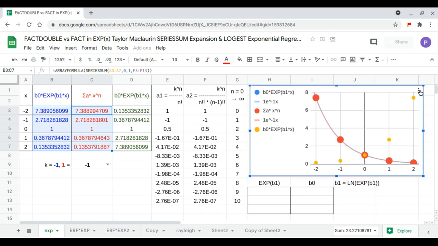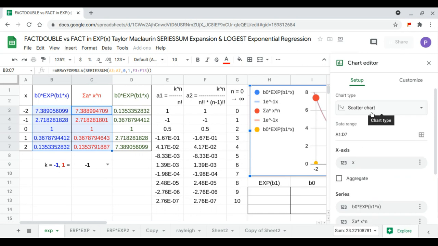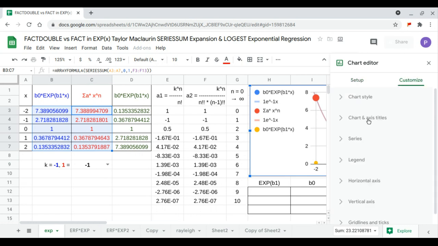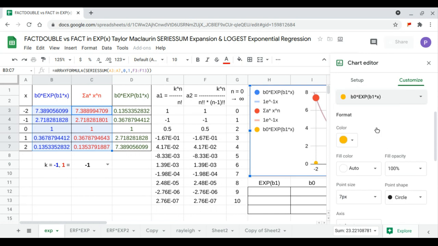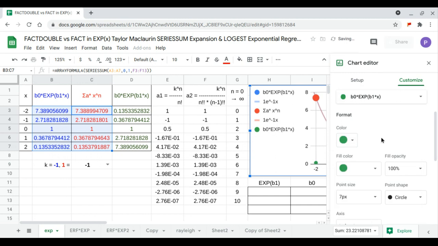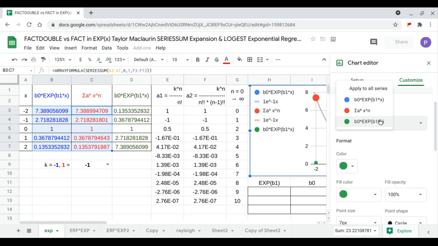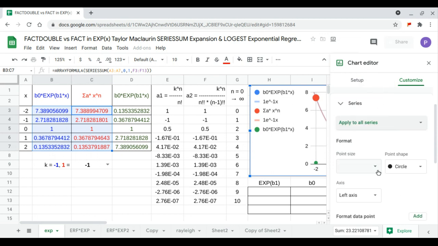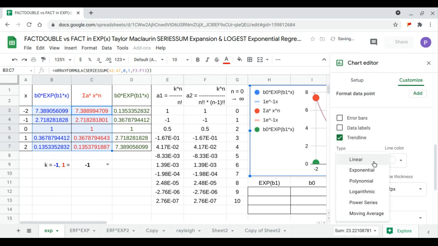equation. So we correct the chart, edit chart, and you correct the color of the growth to green, change it to green, and the point size will be maximum, trend line exponential.